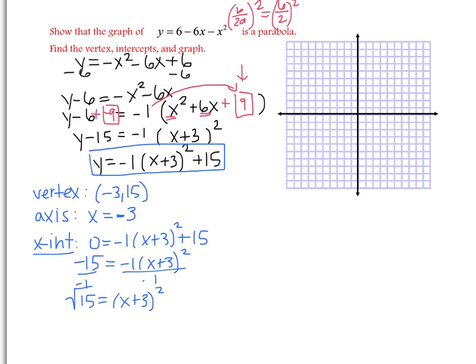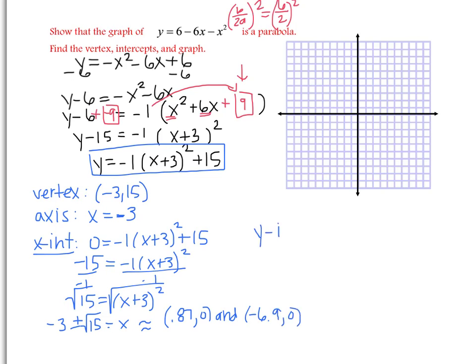So I'll get plus or minus root 15, which equals x plus 3, but I'm going to go ahead and move that 3 over. Like I've said before, go ahead and get decimal approximations in your calculator so that you know where to plot those points. So our two x-intercepts are about 0.87 and negative 6.9.